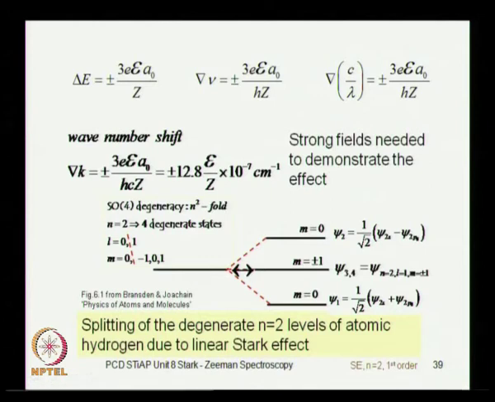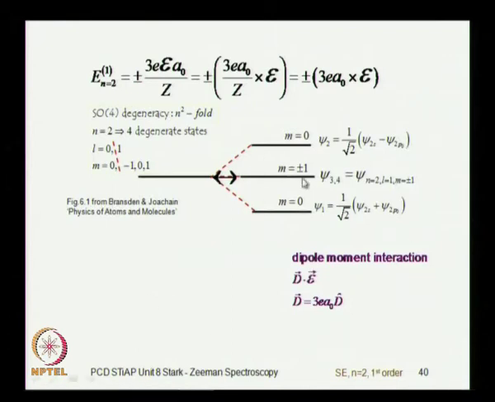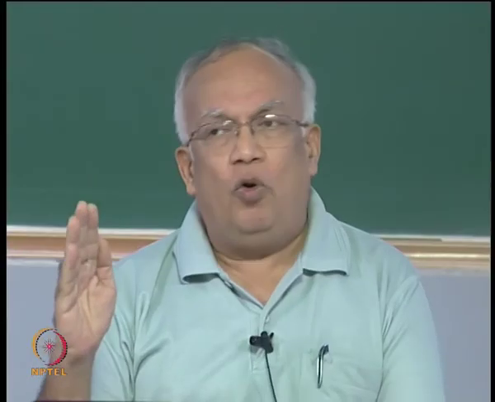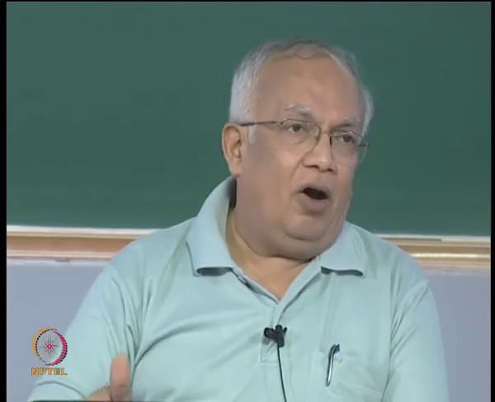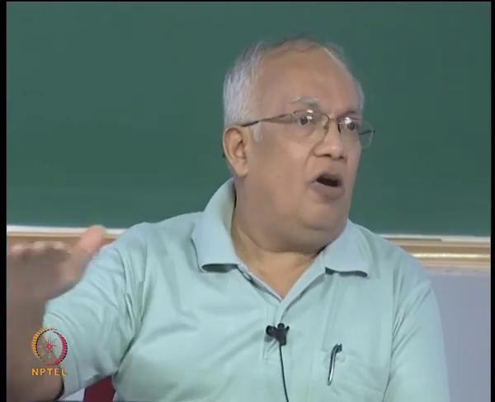So, the perturbation does not remove the degeneracy fully, it removes the degeneracy only partially, and this situation is very similar to what you would have if you were to place an electric dipole in an electric field, because an electric dipole can take an orientation along the field, opposite to the field, or orthogonal to the field, right.